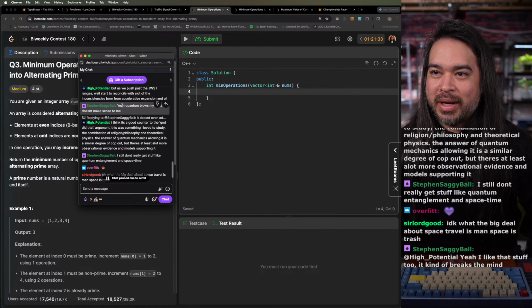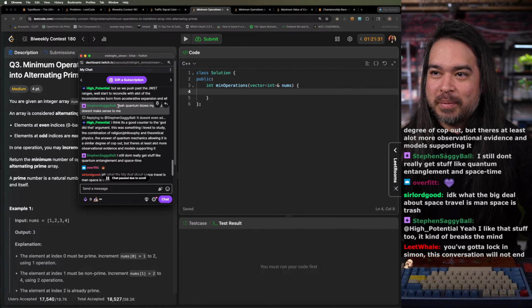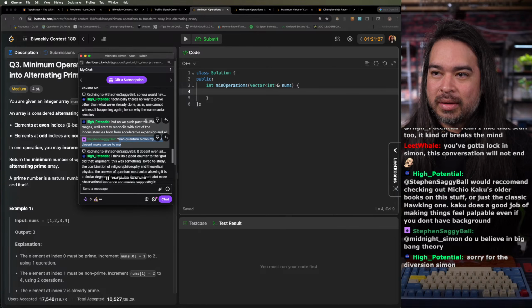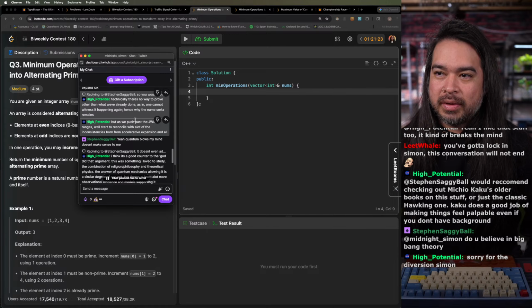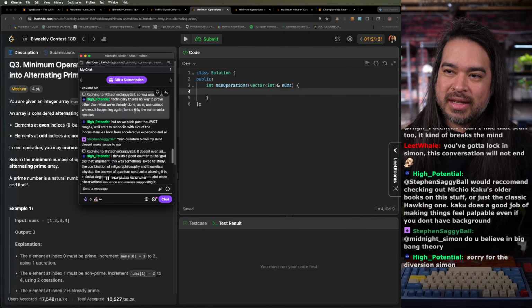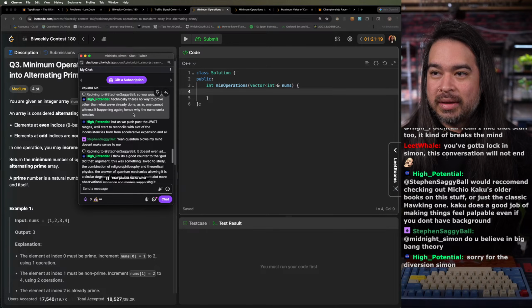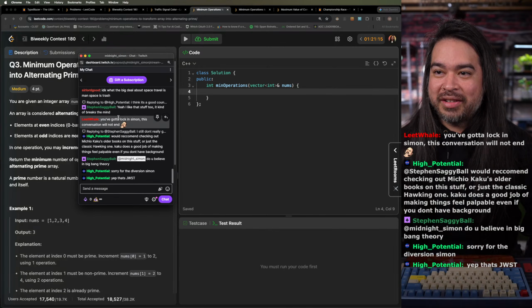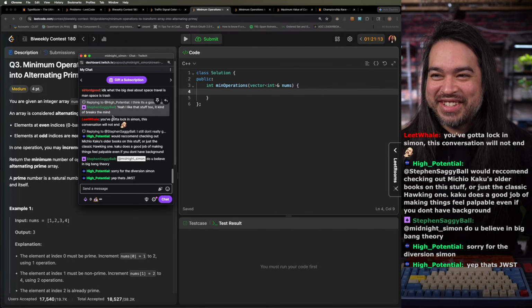Quantum blows my mind. Doesn't make sense to me. I don't know much about quantum, man. James Webb Space Telescope. JWST, that's what that stands for. We've got to lock in. This conversation will not end.